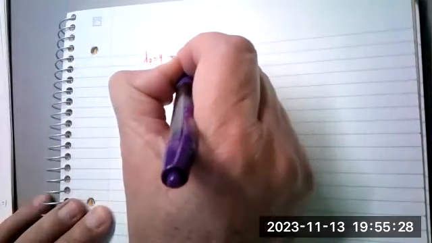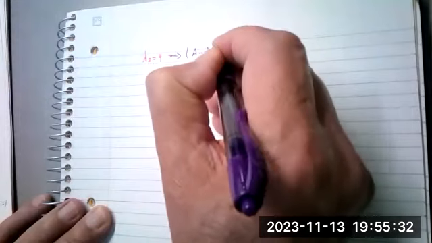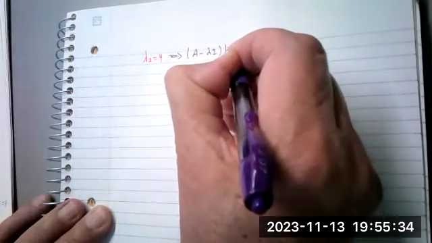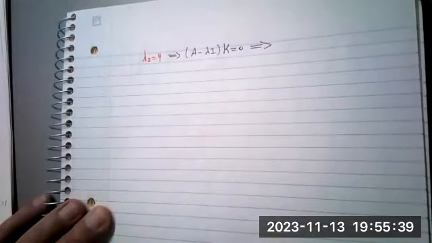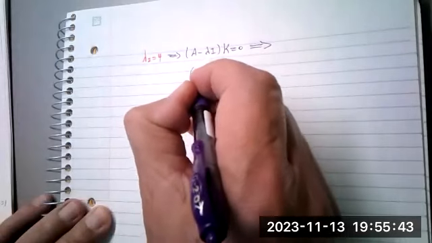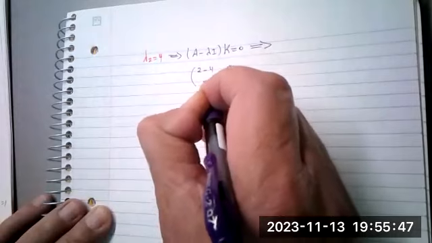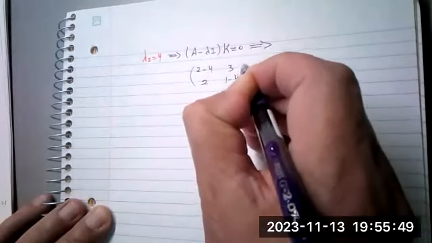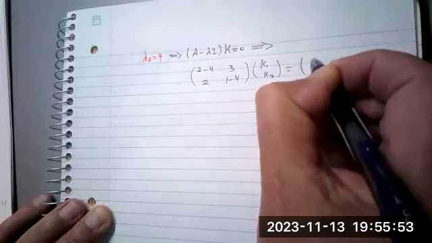You have to put it in this equation, A minus lambda I times K equal to 0. If you put lambda equal to 4, this is the situation we're going to have: 2 minus 4, 3, and 2, 1 minus 4, times K1, K2, equal to 0, 0.